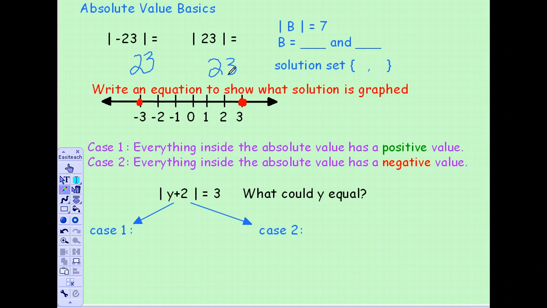In the next example, we have the absolute value of b equals 7. So if we look back at the first one, we can look at the opposite of 7 and 7 as our 2 solutions.